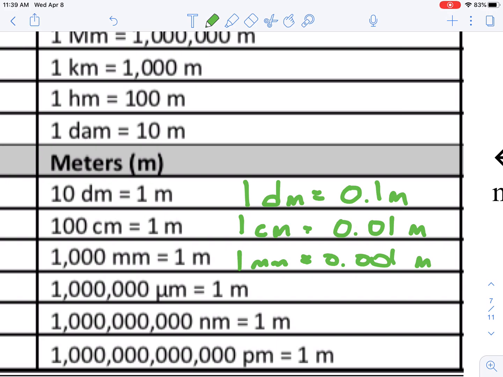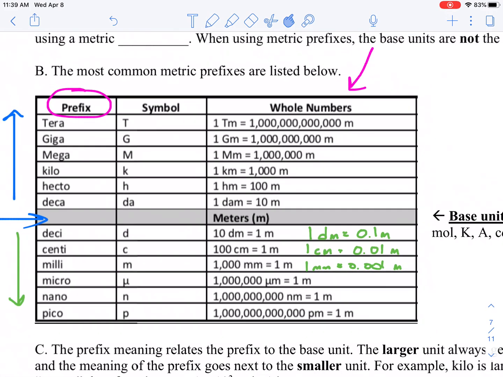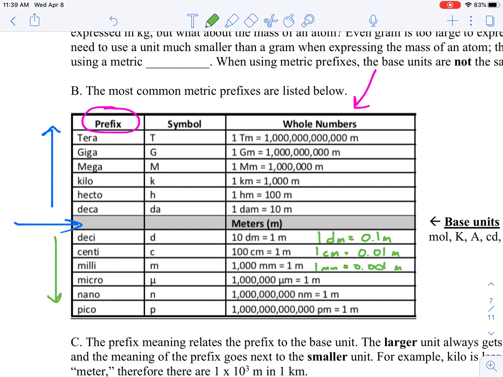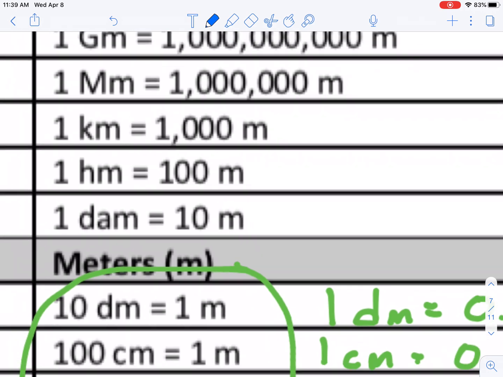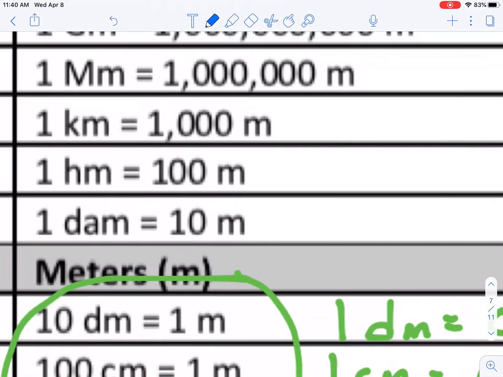1/1000th. You'll find me in class more often than not using the whole numbers. I think these are more logical. If you want to use decimals, you're more than welcome to do that, but we've left them off here for the ease of confusion. And just so you're aware, even though we won't do it often, we could do the same thing above, right? So we could say that 1 decameter is 10 meters.